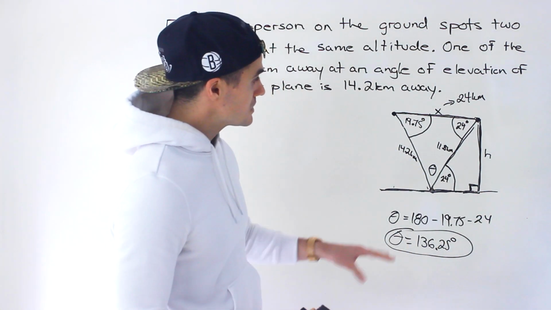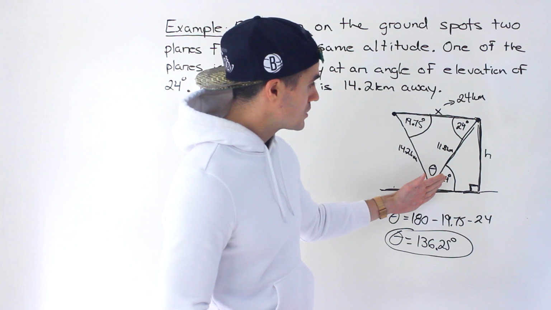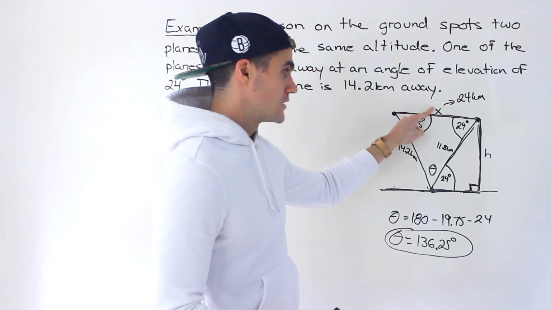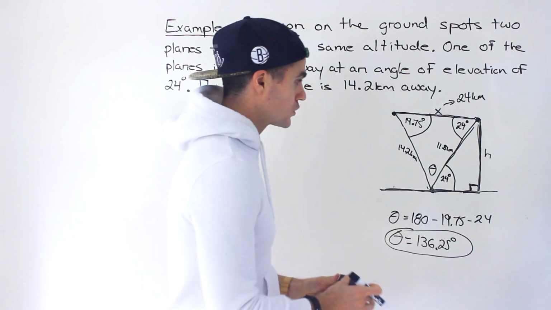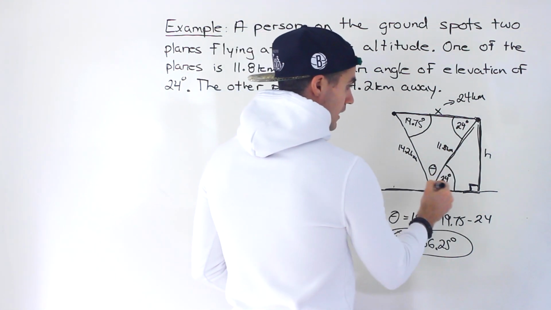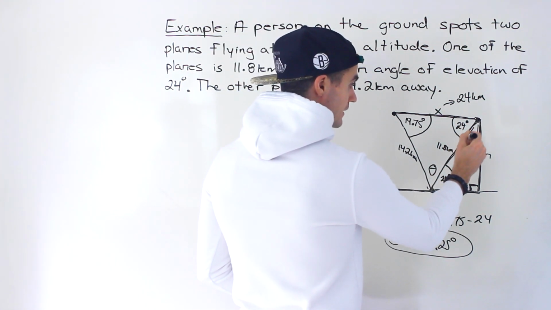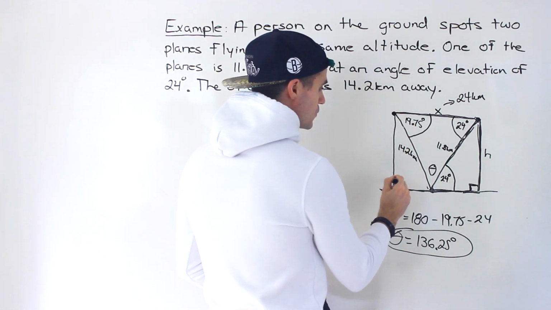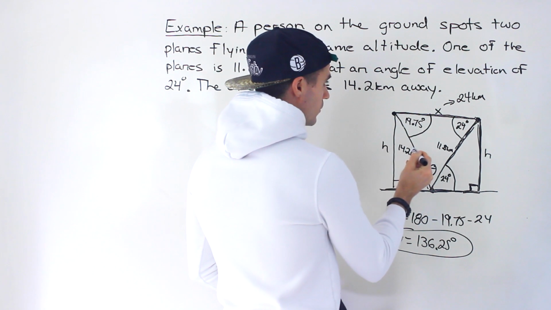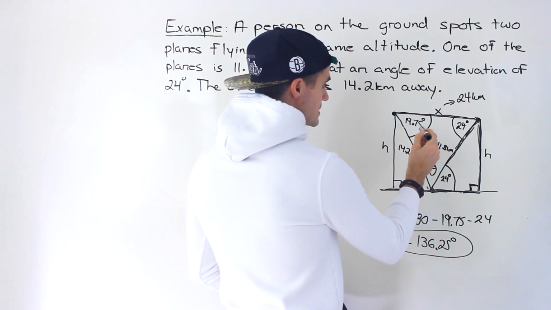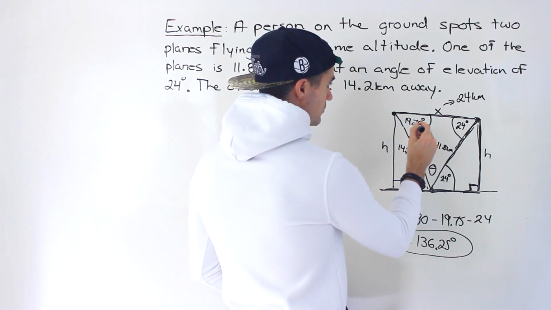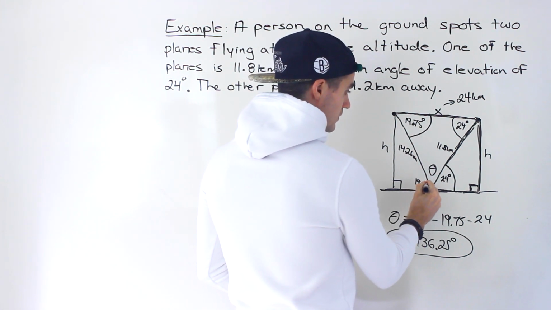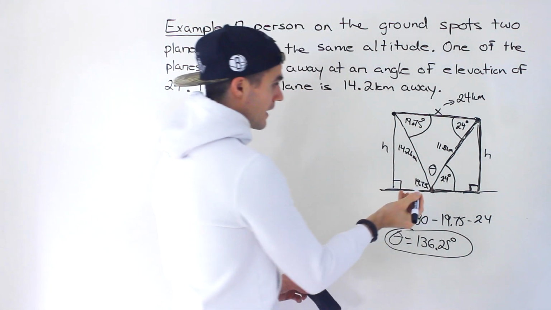And actually notice that we had enough information before we even solved for this 24 to solve for the height, because we could create this right triangle here, and we have this angle, and we have the length of the hypotenuse. You can also create it here if you want, but remember this 19.75, which is using the Z pattern, we had to solve for that first.